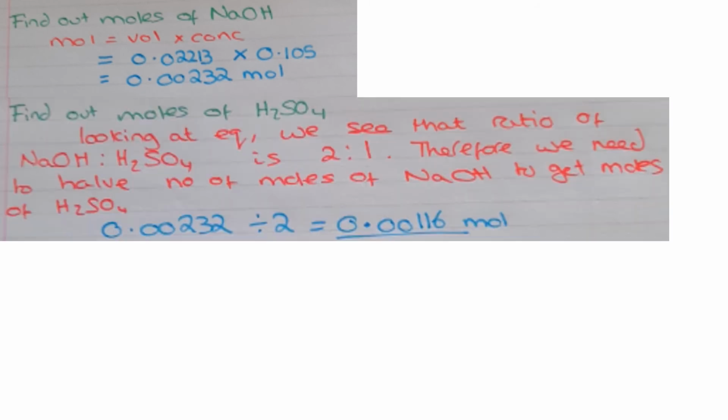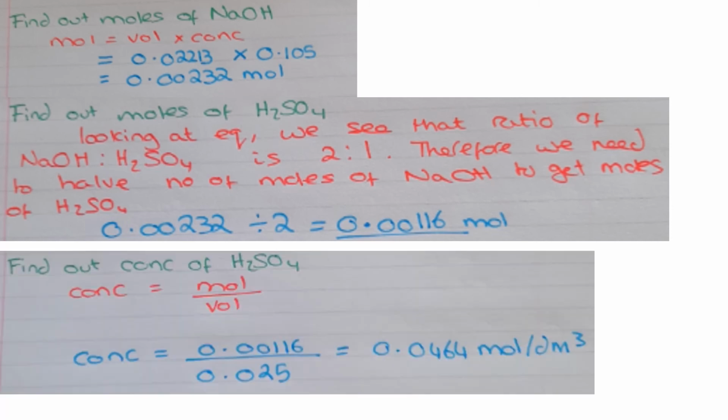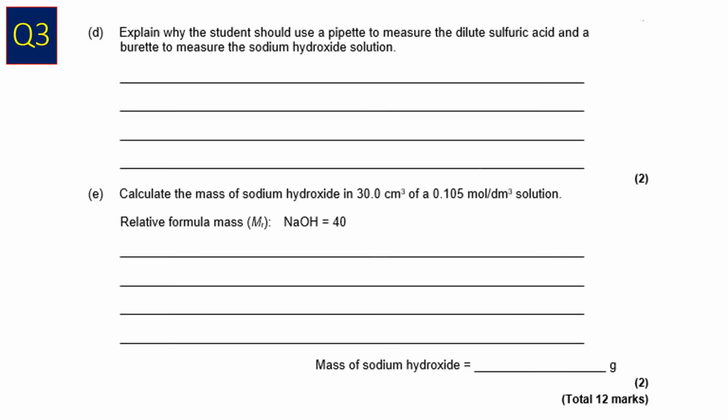Then I'm going to find out the moles of sulfuric acid. Now I explained the reason, it's a 2 to 1 ratio, so I can halve the moles of sodium hydroxide to work out the moles of sulfuric acid. And then I can work out my concentration of sulfuric acid because I have the mole and the volume. And voila!